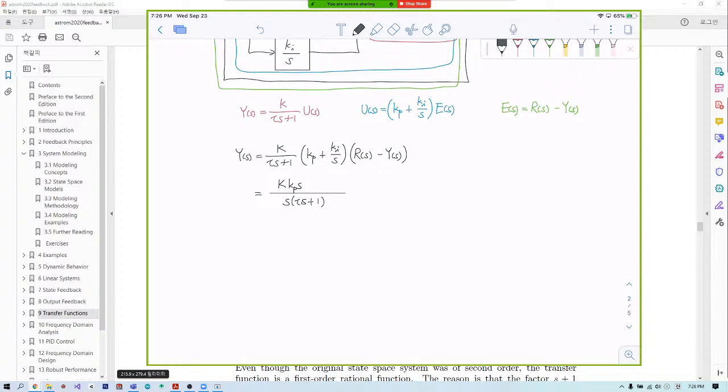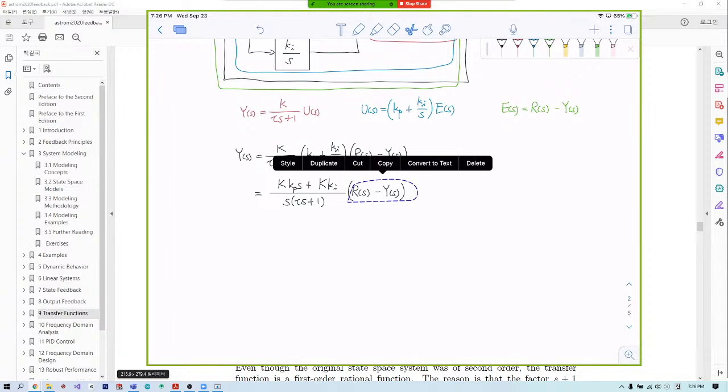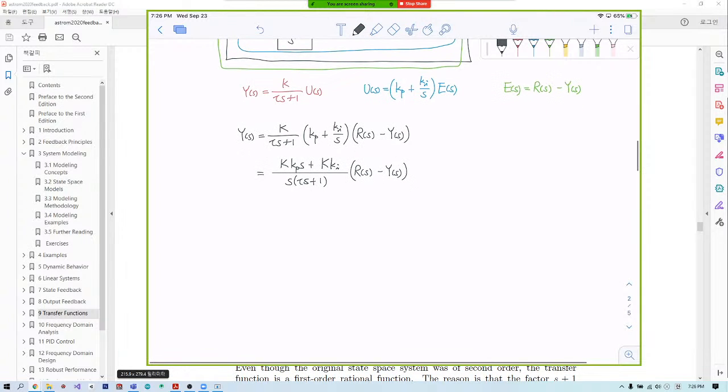So we have k times kp times s plus k times ki, multiplied by the difference between r and y. So what we want to do here is have this entire thing multiplied with negative Y of s. We want to put this thing to the left hand side.